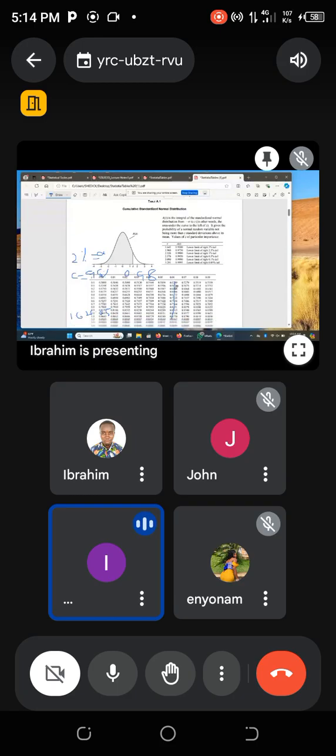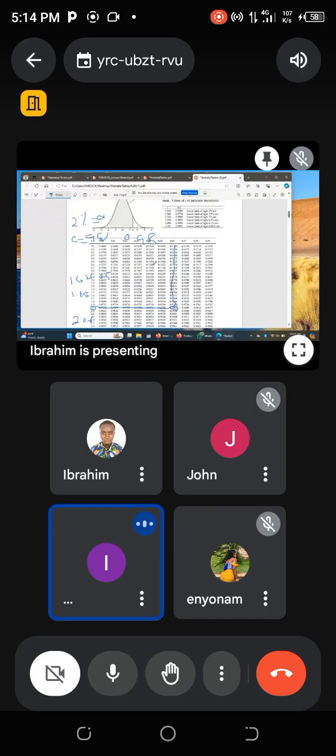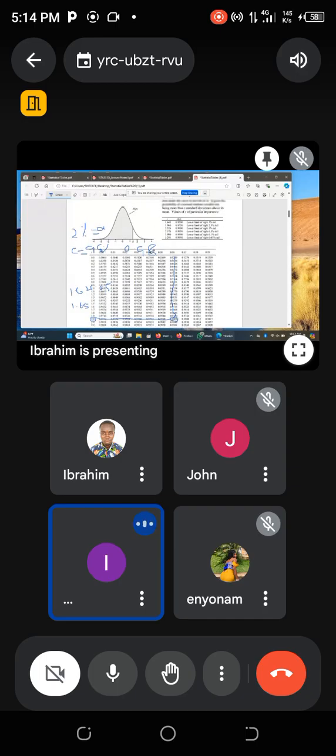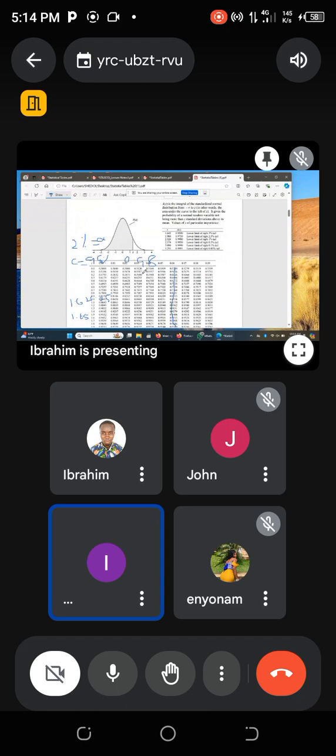Now, assuming that it is a two-tailed test, then our confidence level of 0.98 is going to be divided by 2. That is 0.49.